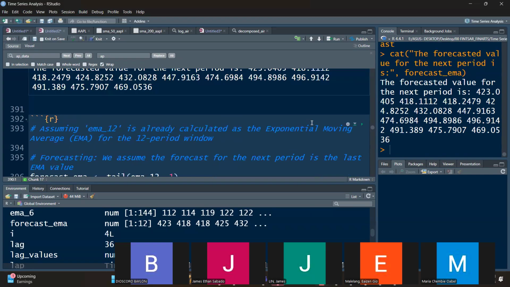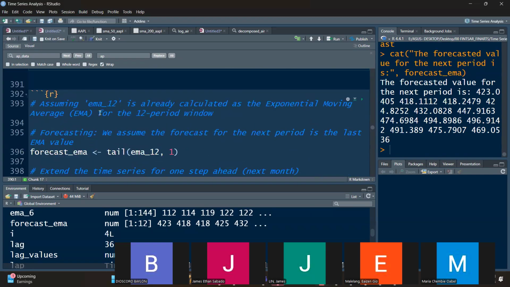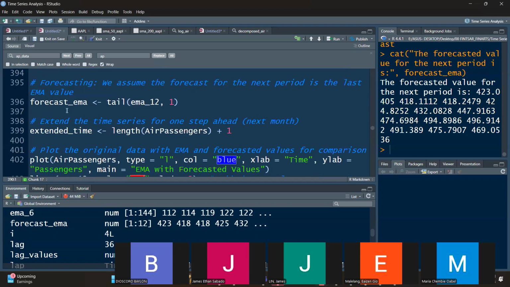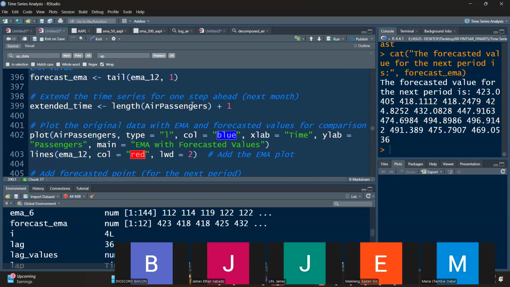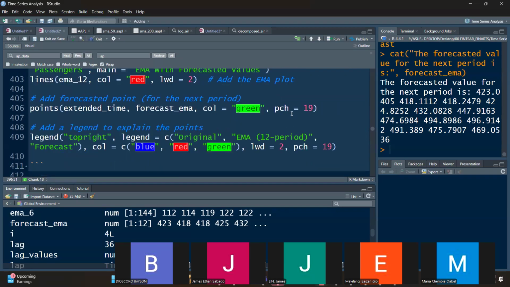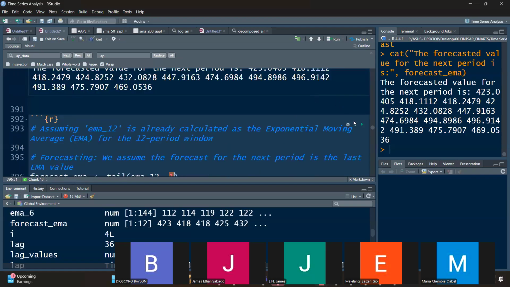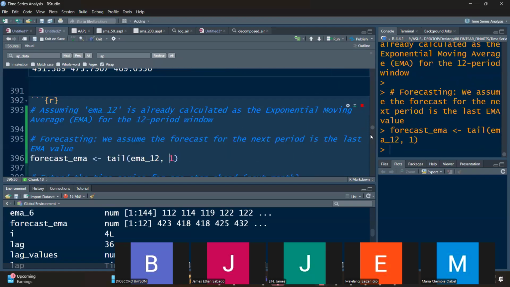For example, we already computed EMA 12, and we already computed the forecasted value. What's happening here is that we are extending the time of air passengers, so that there will be the same time. I'll just plot this.